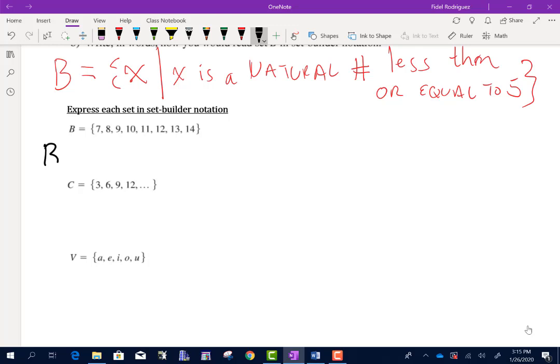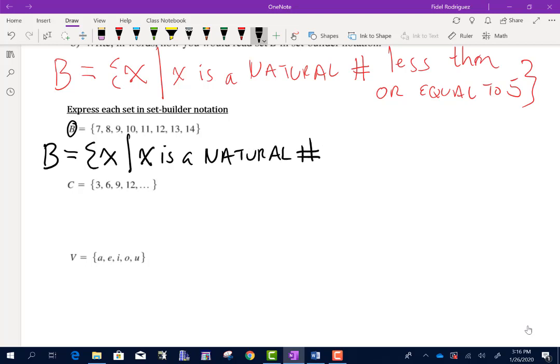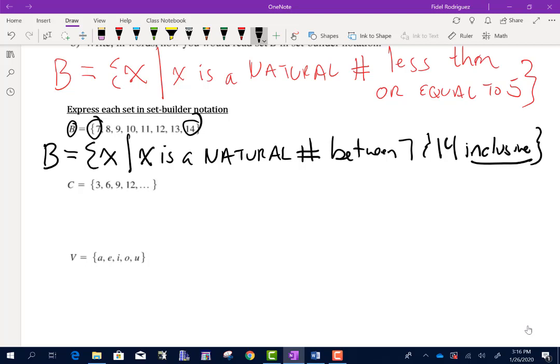So we're going to do the same thing here. The set B, because that's the letter we have here, is equal to the set of all elements X such that X is a natural number, and we could say, using the idea from one of the problems earlier in 2.1, between 7 and 14, but we have to include the word inclusive, because we are including those numbers.